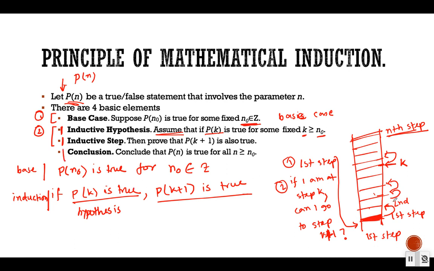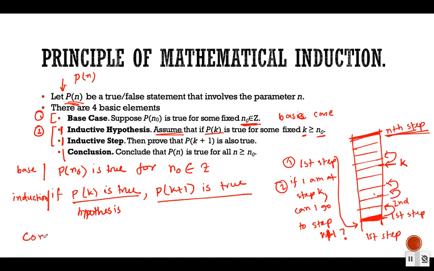All right, so the final step is the conclusion. Now I know that I can take the first step, and being at any step I can also take the next step. That means I can go to any step in this ladder. So let's say I want to prove that I can go to the last step of the ladder. I can do that by proving these first two conditions.